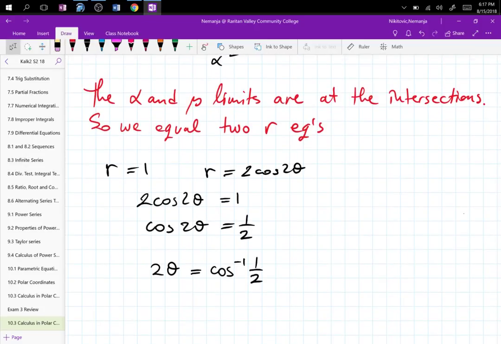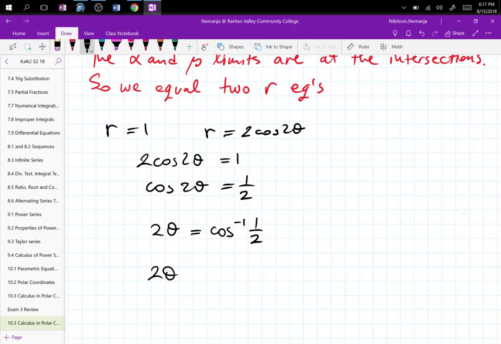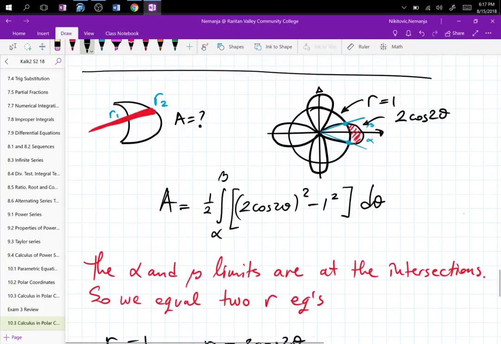Now, that's pi over 3, right? So inverse cosine of 1/2 is pi over 3. So I have 2 theta is equal to pi over 3. When I divide both sides by 2 to get theta alone, I get theta is equal to pi over 6. That's 30 degrees.